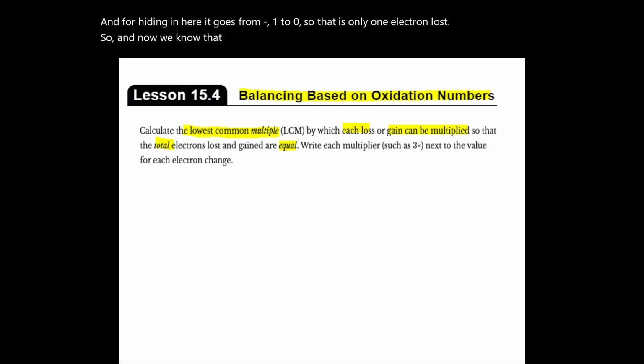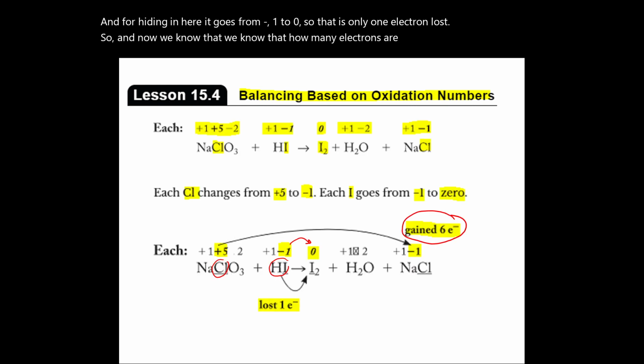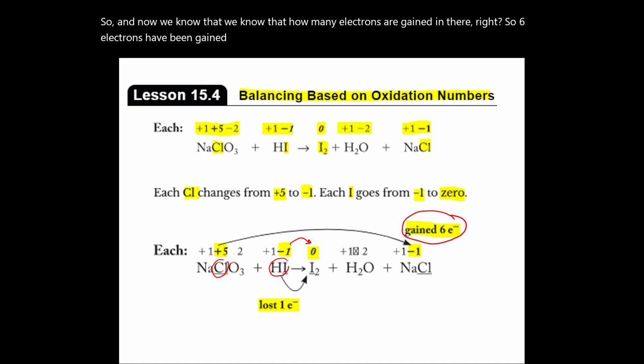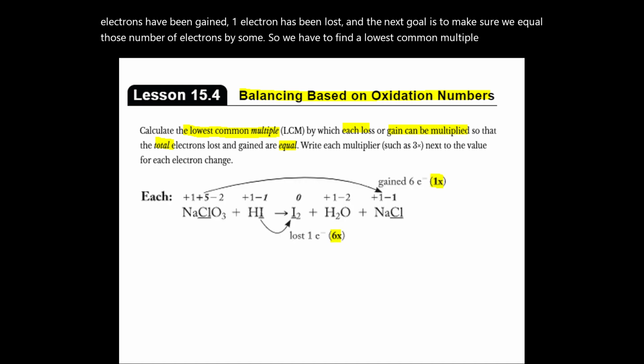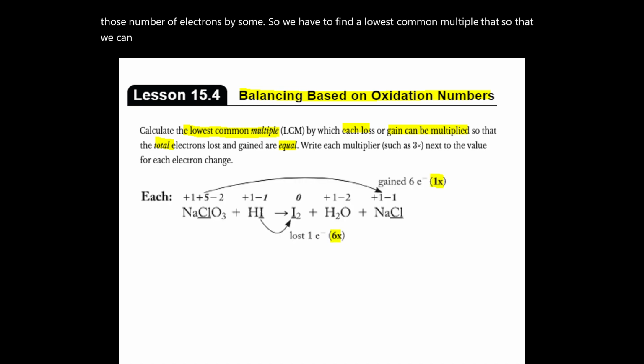So now we know 6 electrons have been gained, and 1 electron has been lost. The next goal is to make sure we equalize those numbers of electrons. So we have to find the lowest common multiple, so that we can balance those electrons, right?